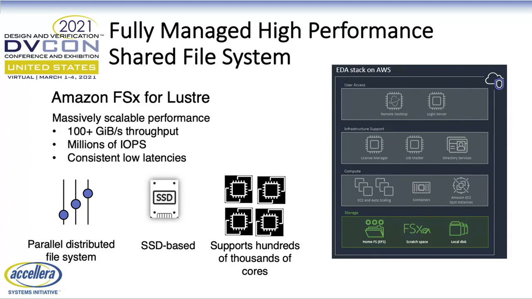So for EDA workloads, we definitely recommend the Amazon FSx for Lustre file system. It offers massively scalable performance that can reach millions of IOPS, hundreds of gigabits per second of throughput with consistent latencies.